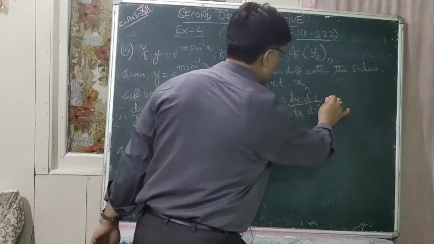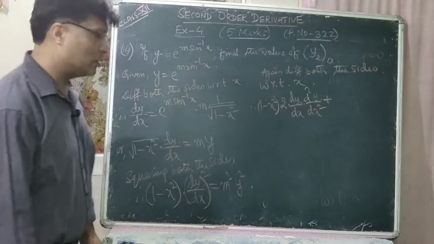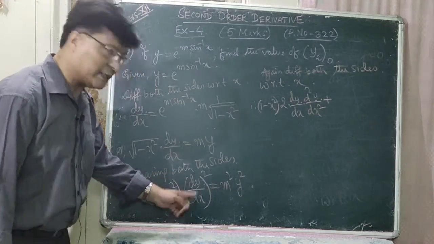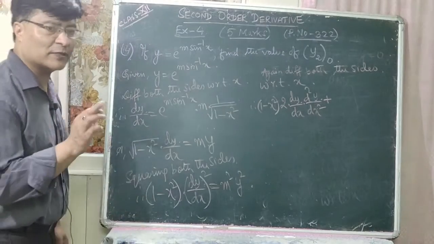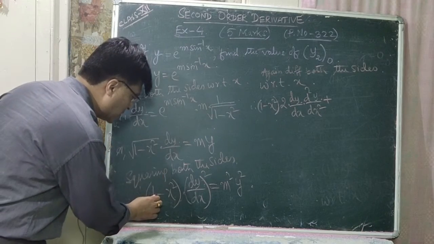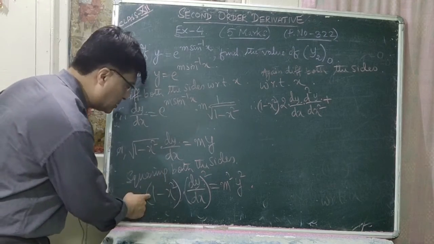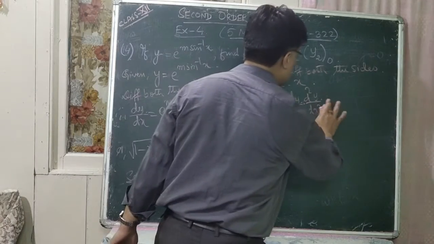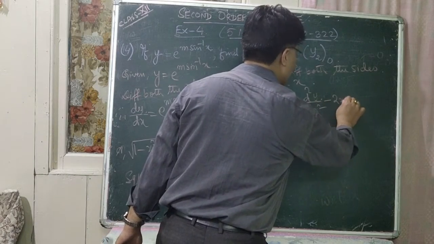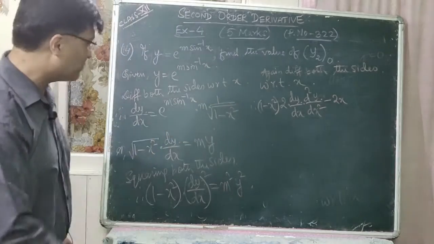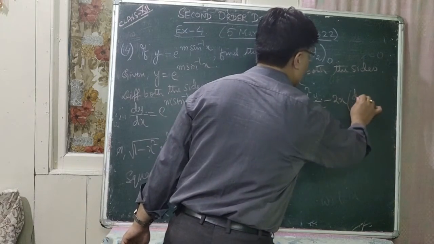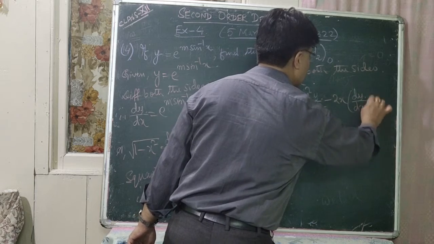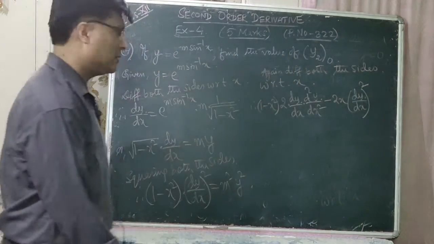Next plus, now this (dy by dx) whole square is kept as it is. Take the differentiation of the first function. What is the differentiation of 1 minus x square? It is 0 minus 2x, that is minus 2x. Here we write minus in place of plus because plus into minus is minus. So it is minus 2x into (dy by dx) whole square, right?